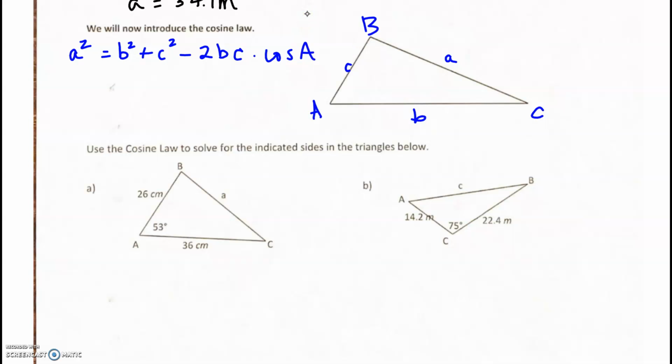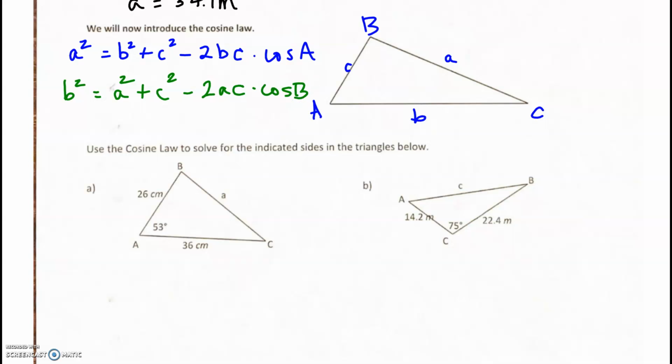So let's say I wanted to solve for b squared. Well, I know that it is just the other two letters, so a and c squared and added together. And then instead of times 2bc, it's going to be times 2ac times cos. And I know it has to be angle b because it matches what's out front.